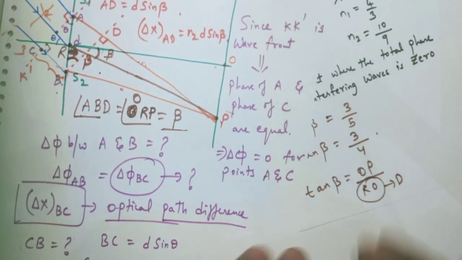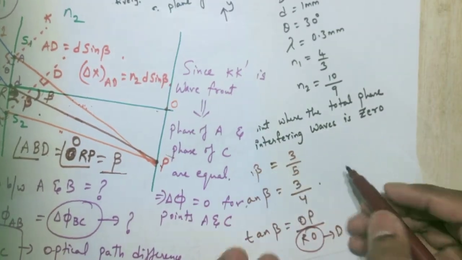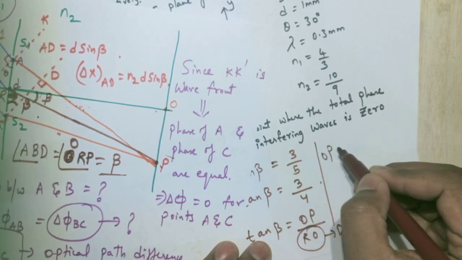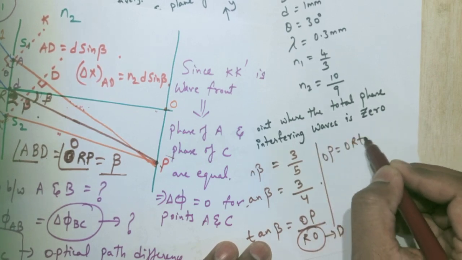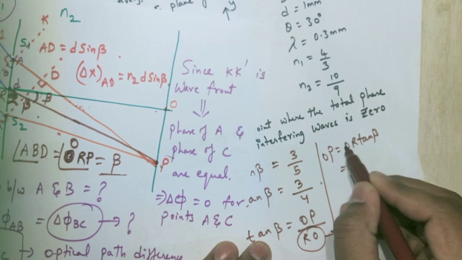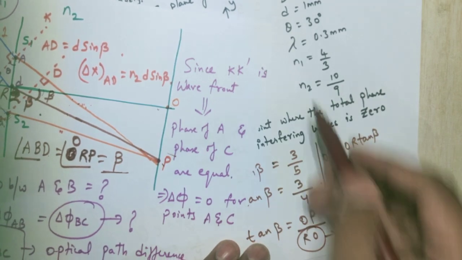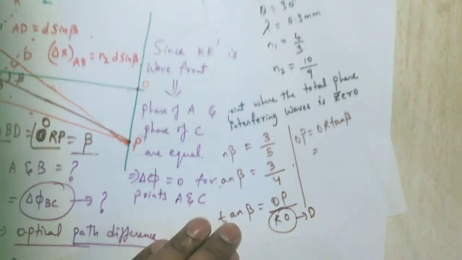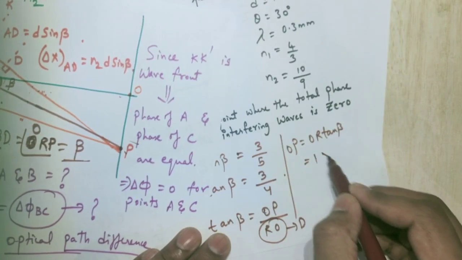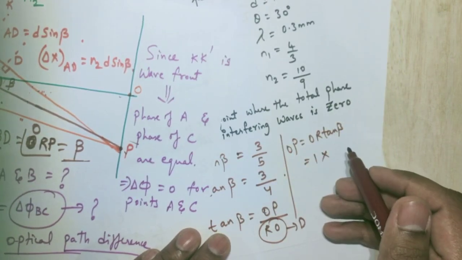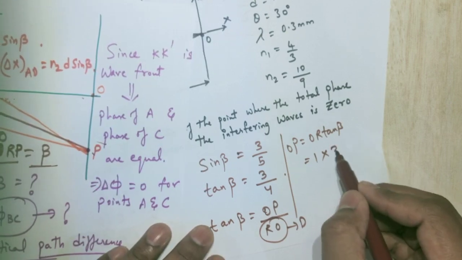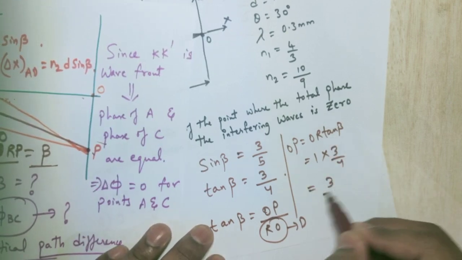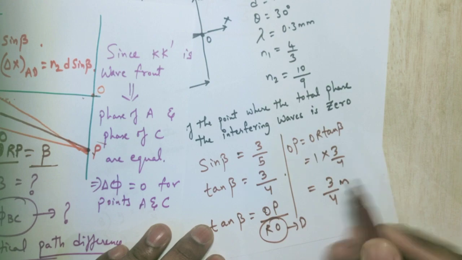So from there we can find out OP. OP is equal to OR into tan beta. OR is capital D, and capital D is 1 meter. So it is 1 into tan beta. Tan beta is 3/4, so the answer is 3/4 meters.